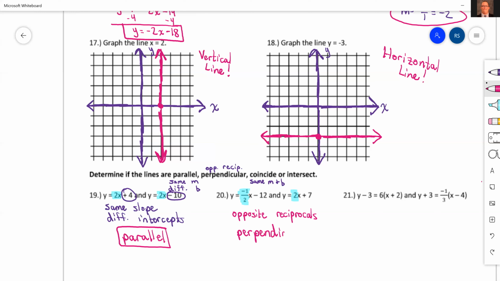But if they're perpendicular, what do they also do? They intersect. Because remember, perpendicular is just a special case where they intersect at a perfect right angle. So they still intersect, but they're a special intersection. They're perpendicular.